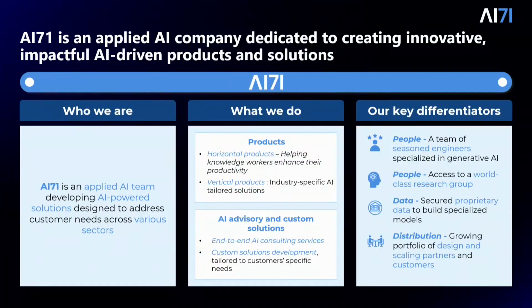The second differentiation we have is also people. We have very strong collaborations around the world with many research groups that help us make sure that we always have cutting-edge technology, leading the industry and not being led.